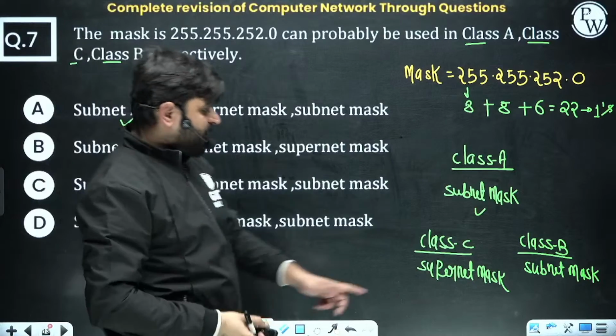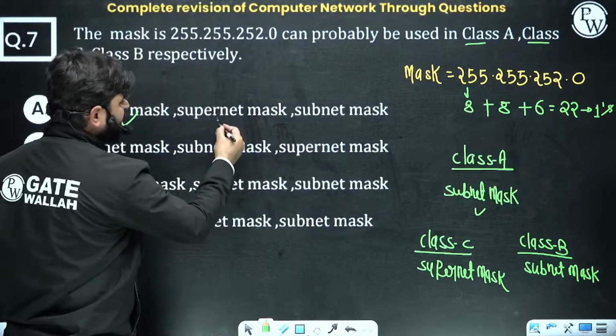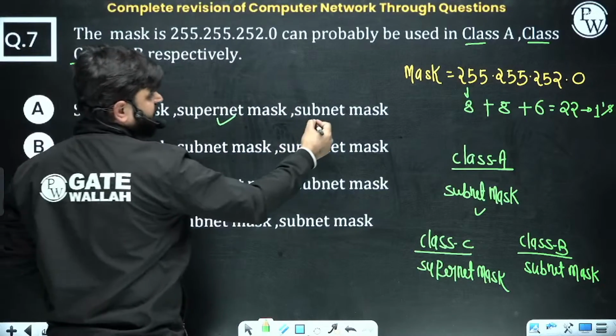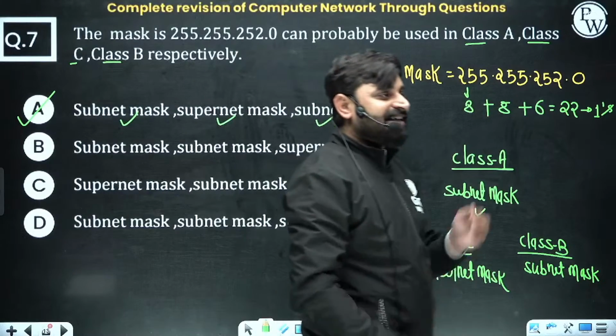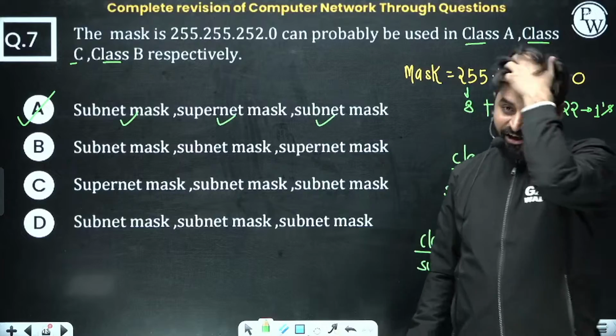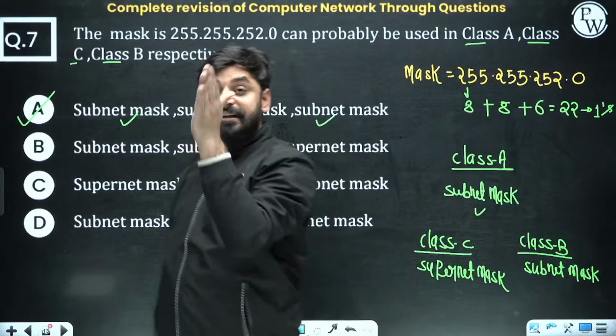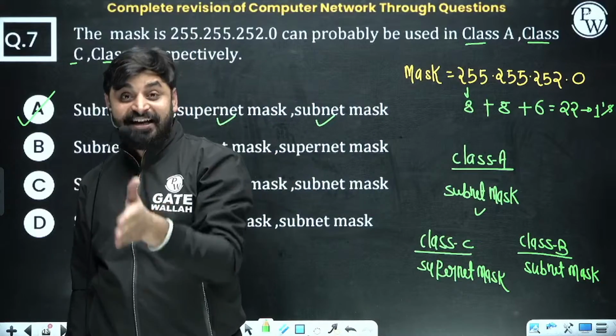Class C, supernet mask. Class B, subnet mask. So option A is correct, because they are not asking in the sequence class A, class B, class C, but class A, class C, class B.